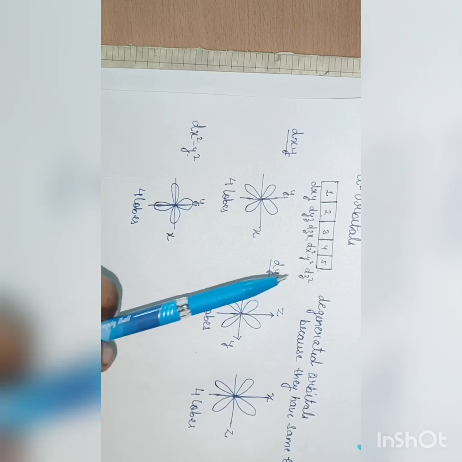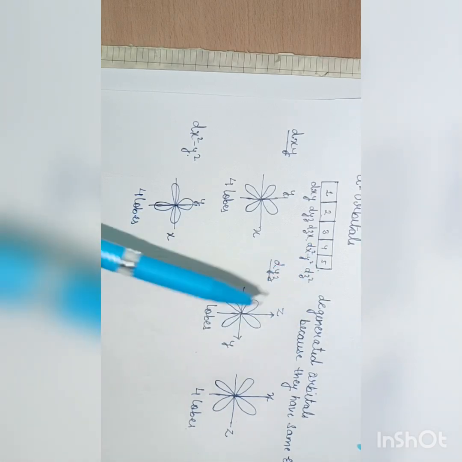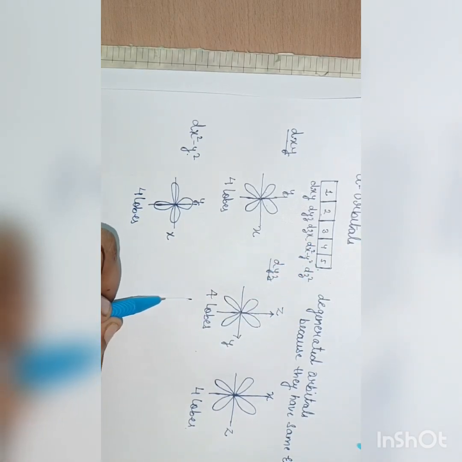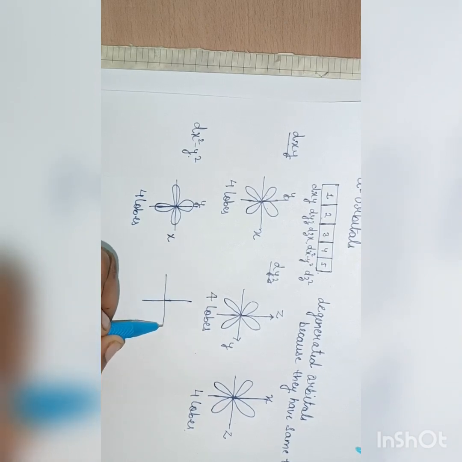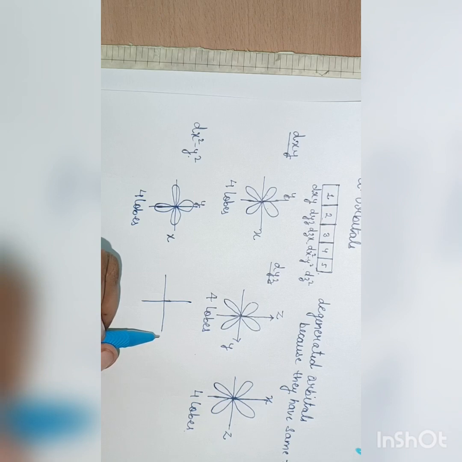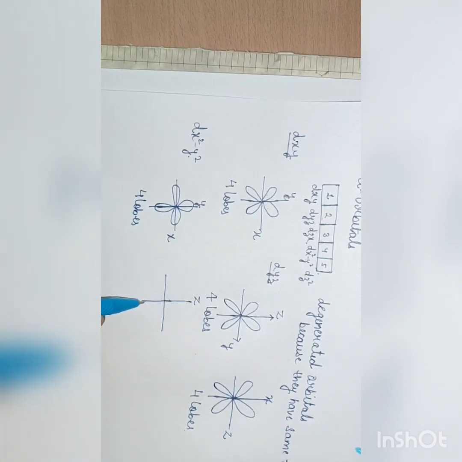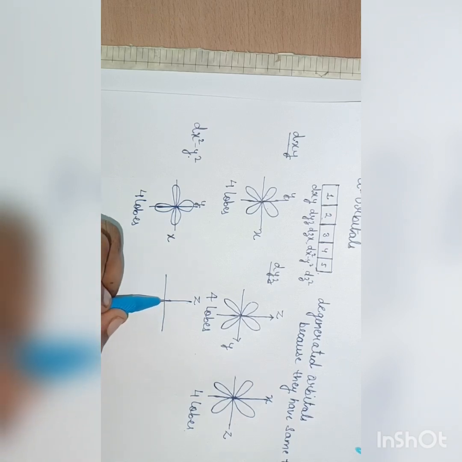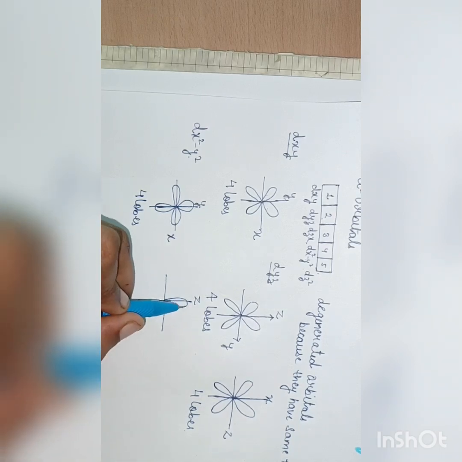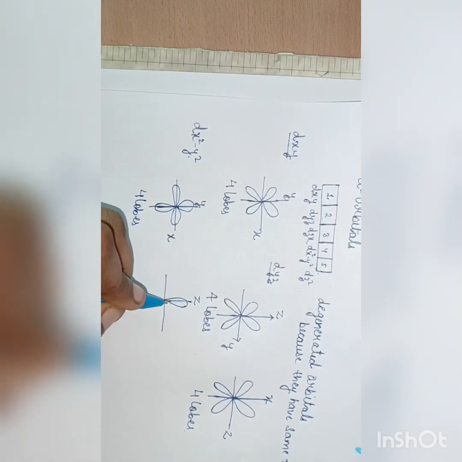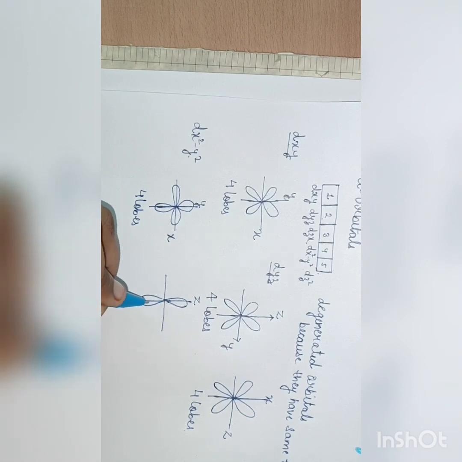Now we have to draw for dz square. So we have to draw the structure here, the shape of the orbital. This is the z-axis and the lobes are present on the axis.